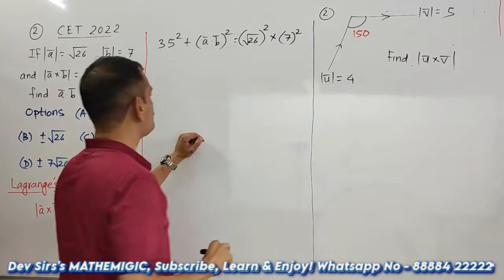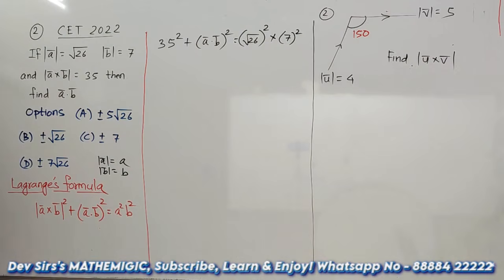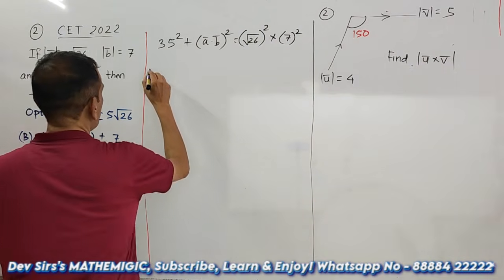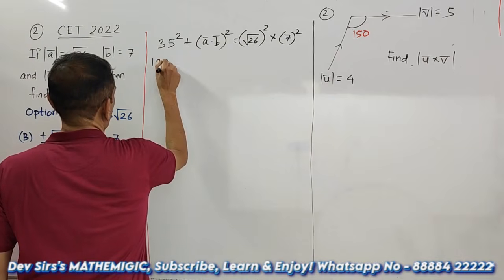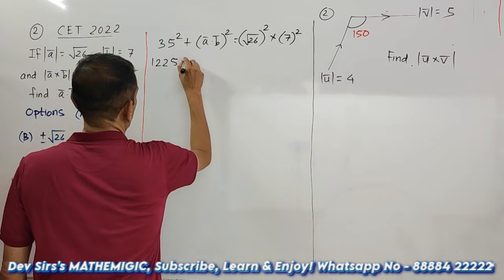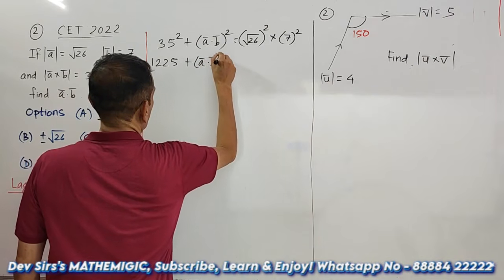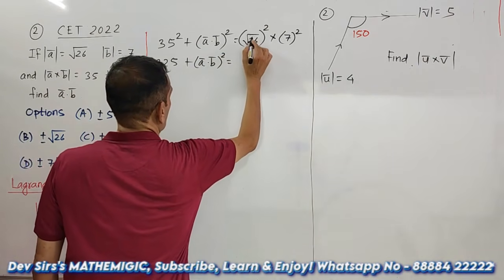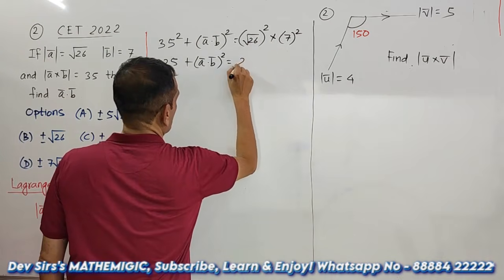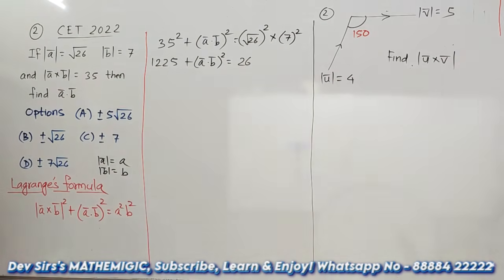Come on, let's find out. 35 squared is 1225. Square of root of 26 is 26. 7 squared is 49.